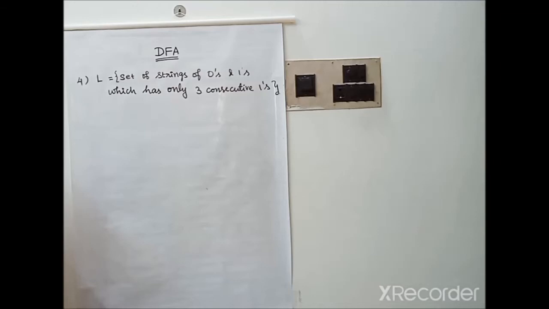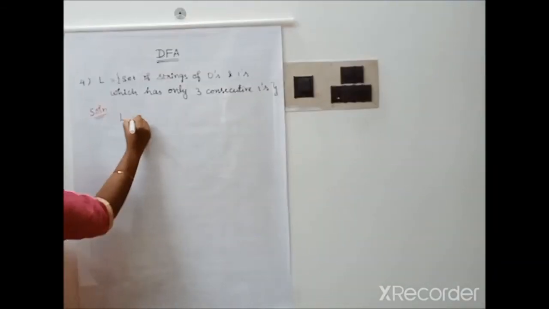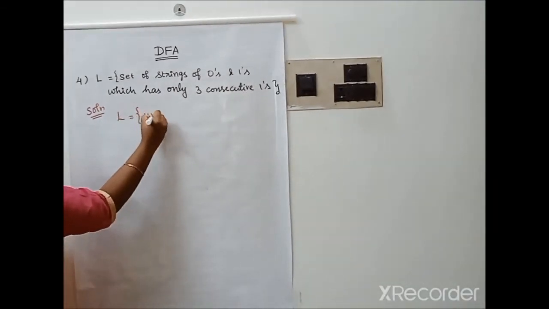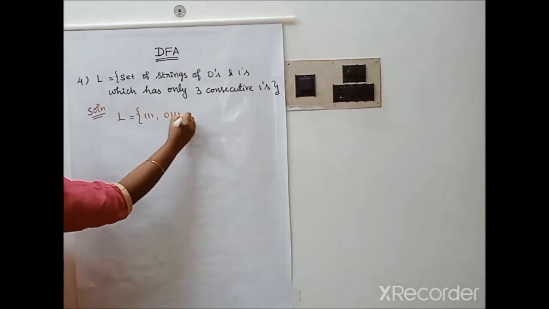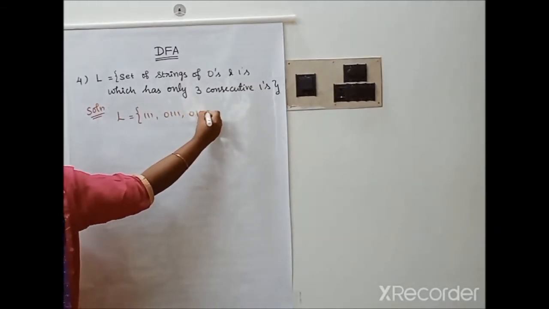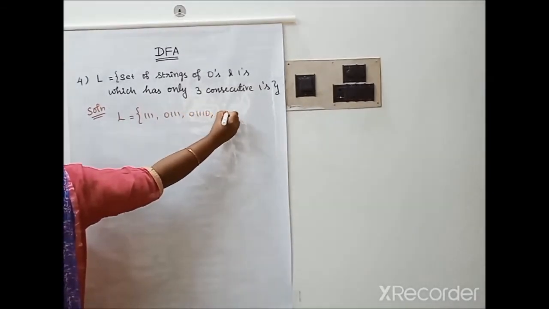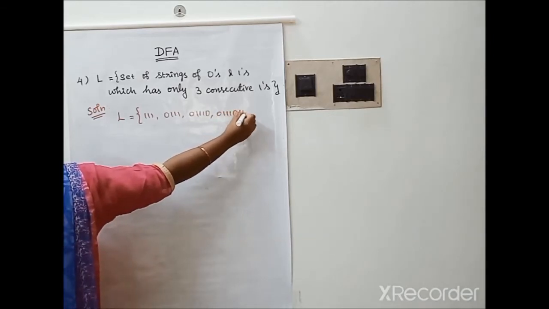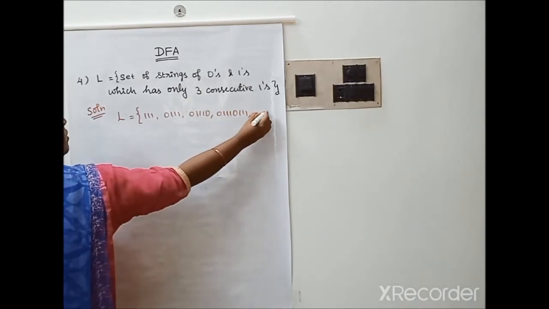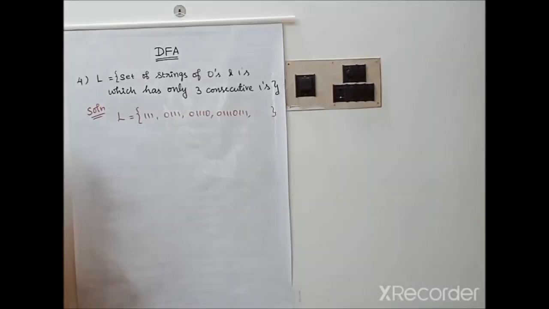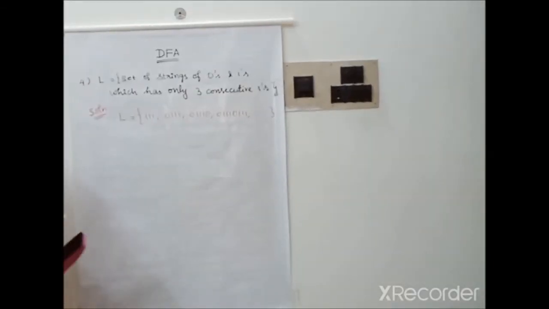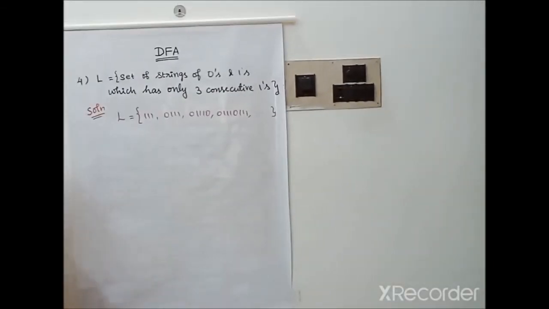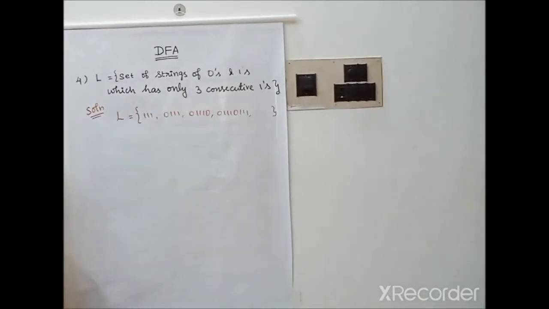Therefore, we can write L is equal to 111, 0111, 01110, 01110111, etc. So, whenever 1 comes, it should be 3 consecutive ones. It is not necessary that it should begin with 0 or 1.